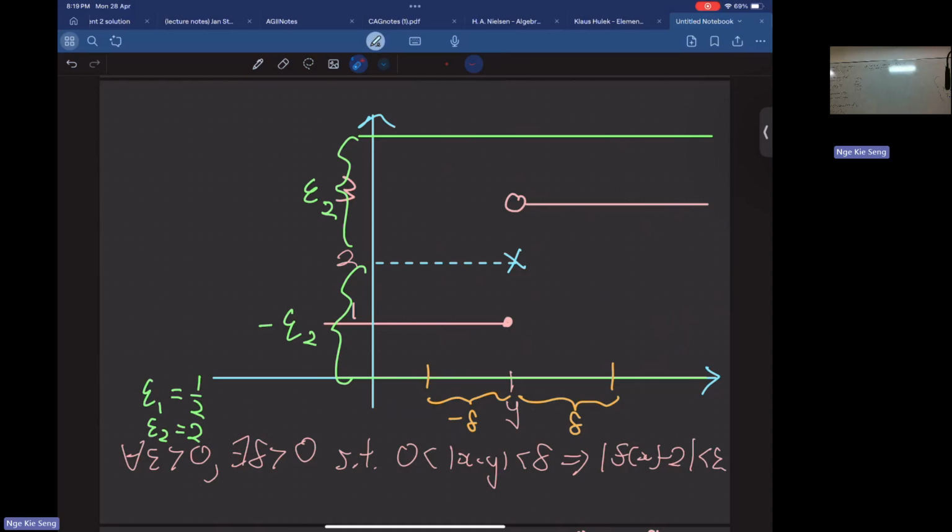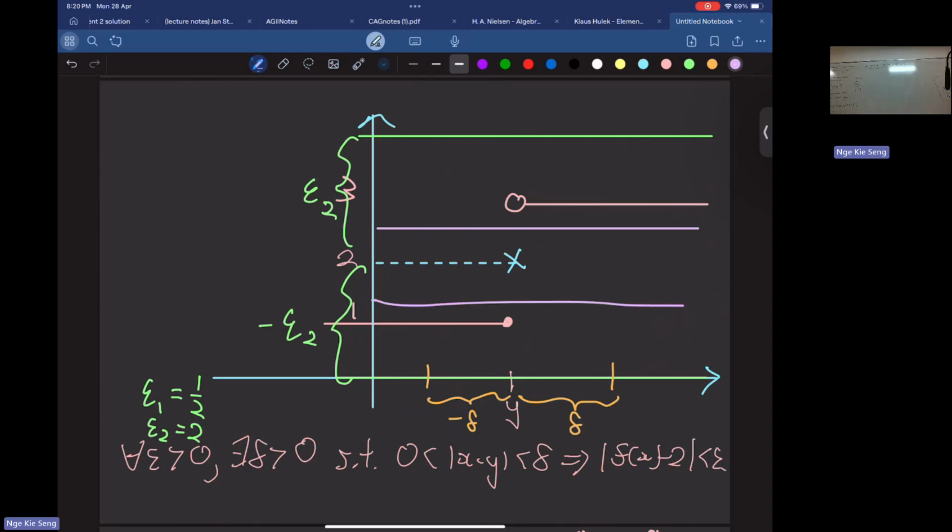Pictorially, any delta you can pick here will work. But if you shrink this delta, let's say you pick delta 1 now, so it's half, let's say it's here, and here is minus delta 1 along with delta 1. Does any delta work?